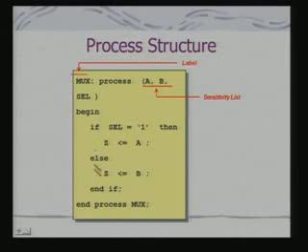So the process is part of the architecture, and this A, B are the sensitivity list, these are the signals. If you remember, this is the same as before. What I am basically doing is designing a multiplexer. So if select is 1, then output Z is A, else Z is equal to B. So I am defining this behavior through this process structure.